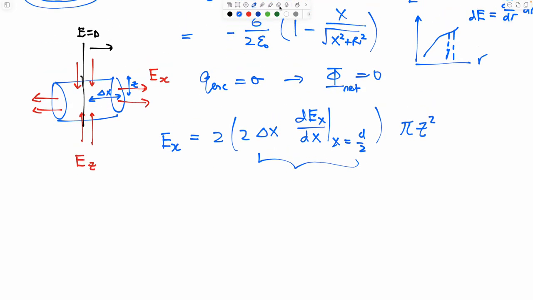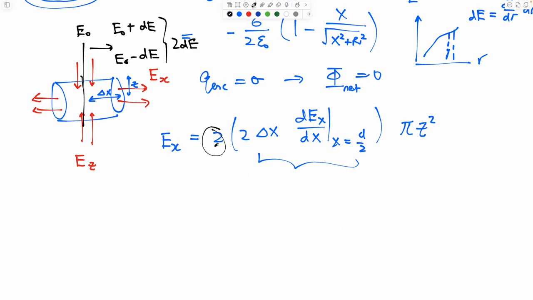The electric field strength due to one plate at the center might be E naught, but when you go a bit to the right, it becomes E naught plus delta E. For the other one, it becomes E naught minus delta E. When you add these two together, the net effect is that you get 2 delta E. That's where this factor of 2 comes in.